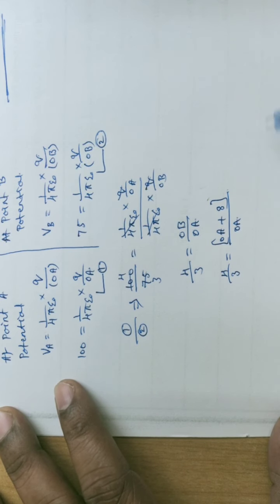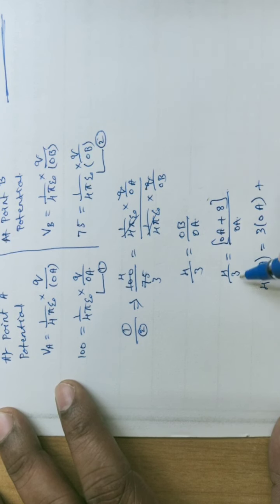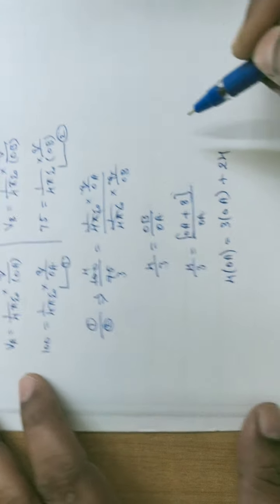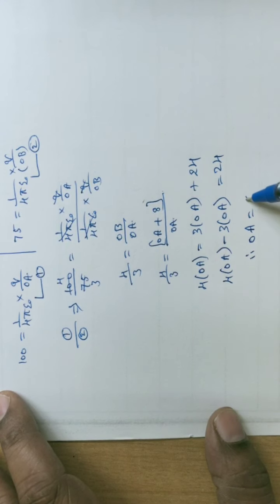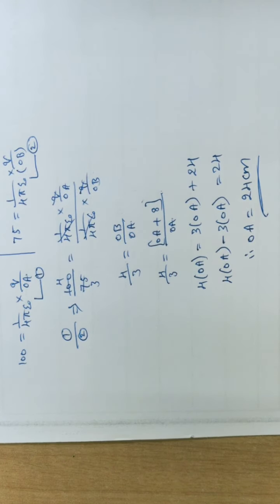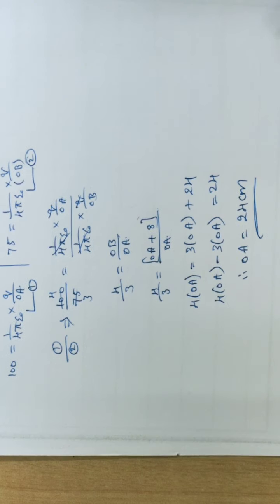On cross multiplication, 4 times OA is equal to 3 times OA plus 8, 3 eights are 24. So 4 times OA minus 3 times OA is equal to 24. Therefore OA value is equal to 24 centimeters. This is the answer for this question. Okay students, right.